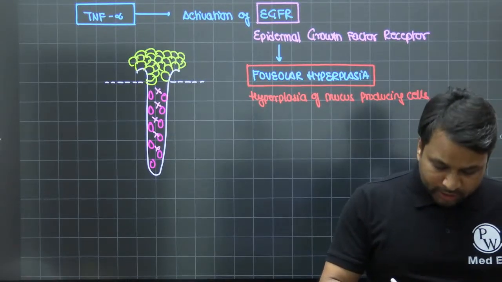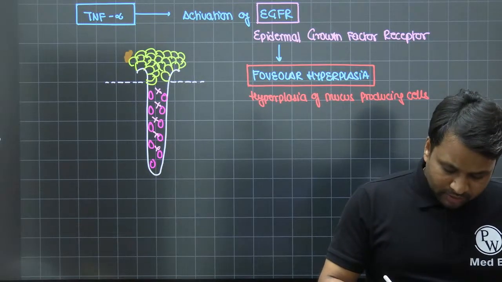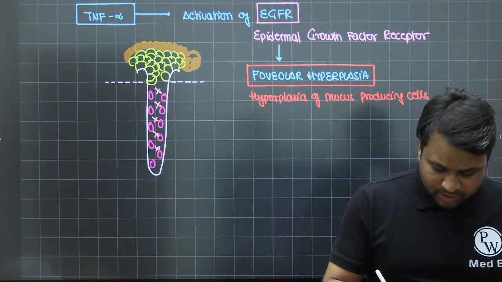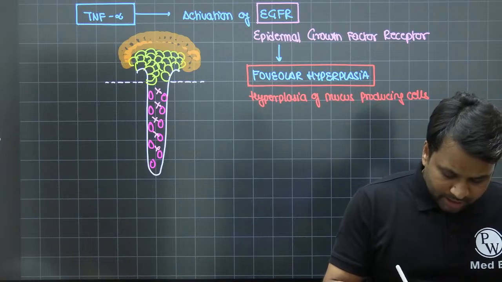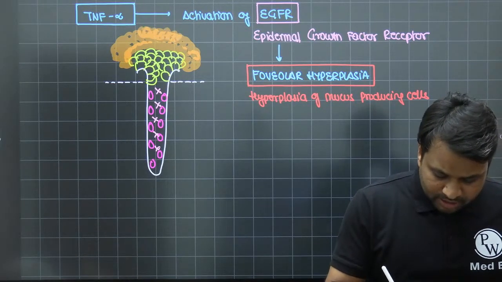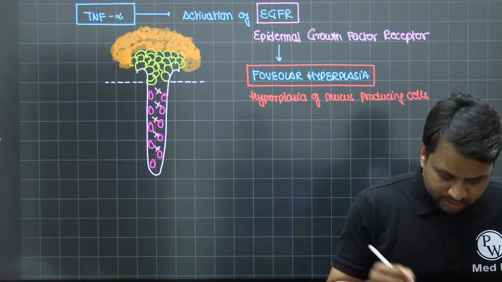And more importantly, you will notice that the mucus that is produced will increase because the mucus producing cells are now becoming hypertrophied. So one, you will see there is an excessive amount of mucus being produced, and on the other hand, all the secretions which are present will not be able to escape because the gastric pit is now getting blocked, right?